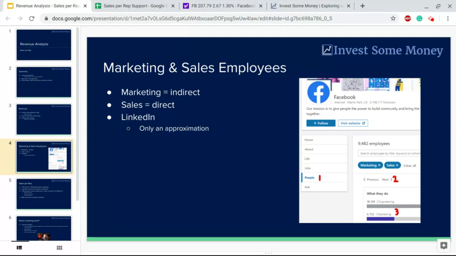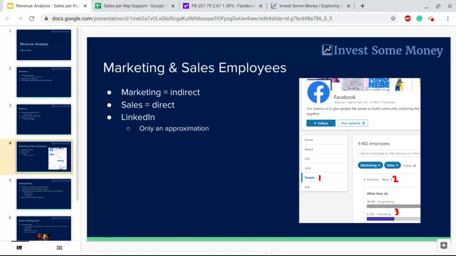So the only source I'm aware of for that information, number of employees, is LinkedIn. And this is, again, a huge approximation. If you need any proof of that, and you currently work for a company that's not too terribly big, just go in there, look at your company, look at the people in a particular department, and see who pulls up.